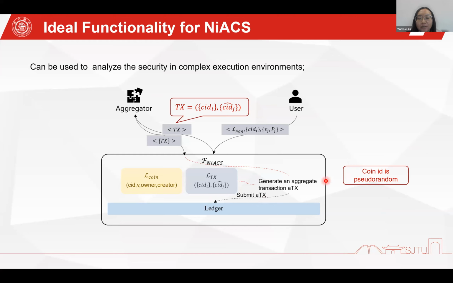The coin ID is pseudo-random. So in an aggregate transaction, there are just some pseudo-random coin identifiers, which hide the values and the relevant parties. So others cannot figure out which coins belong to the same transaction, which means the unlinkability. And we can use the ideal functionality to analyze the security of NIACS in complex execution environments, which is important in blockchain. That's all, thank you.